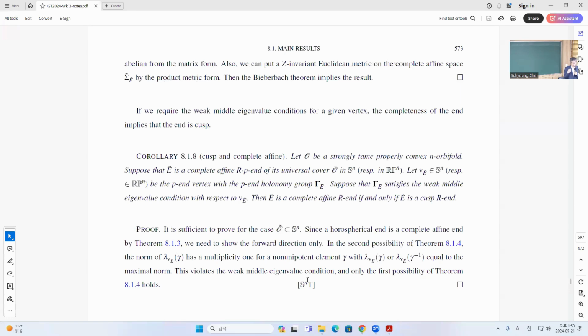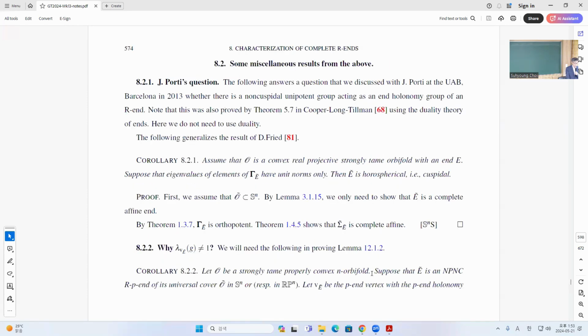So this of course violates the uniform middle eigenvalue condition because at VE it always has to be the maximal one, but only the multiplicity changes. So okay, this cannot happen, right?